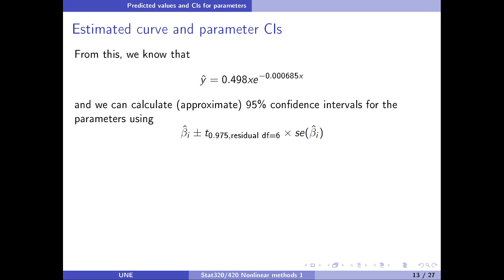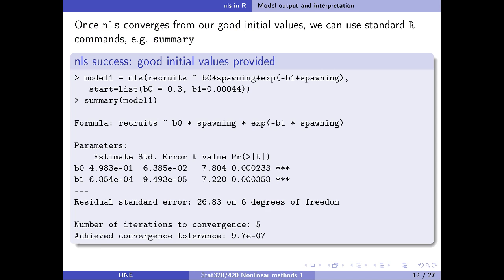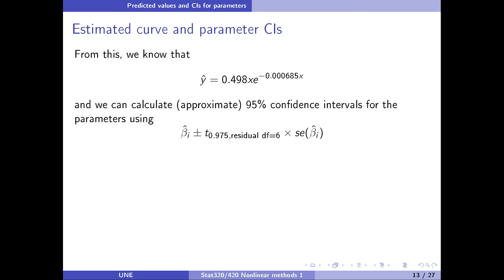So if we want to do that for, say, beta 0, our best guess was 0.4983. The correct t-statistic is 2.447 based on 6 degrees of freedom. And the standard error from the model output, if we go back one slide, we can see that the standard error for B0 was 0.06385.